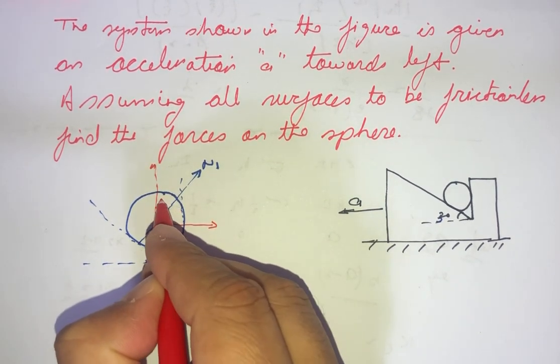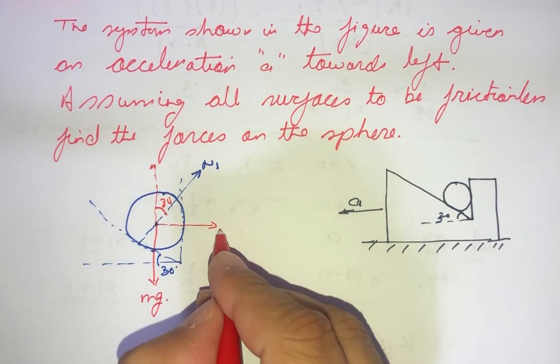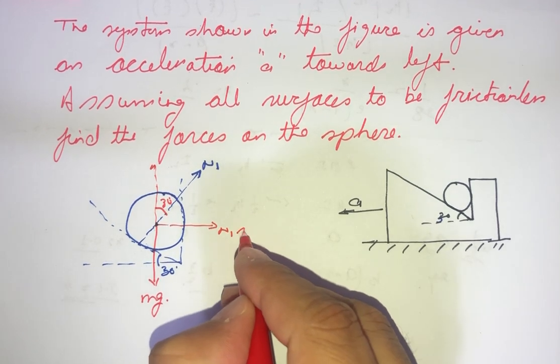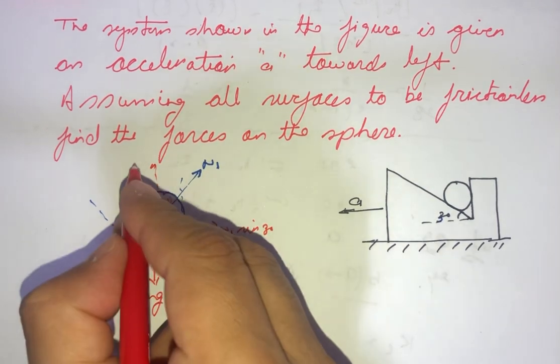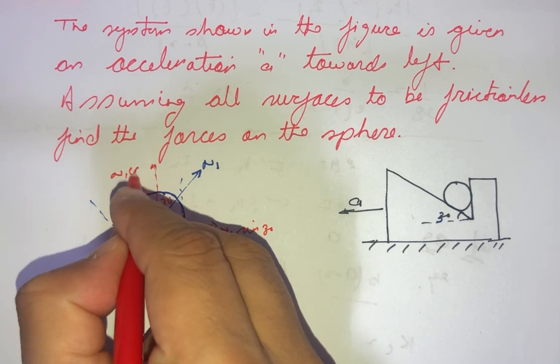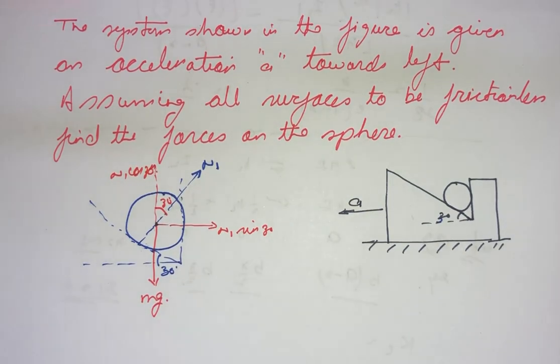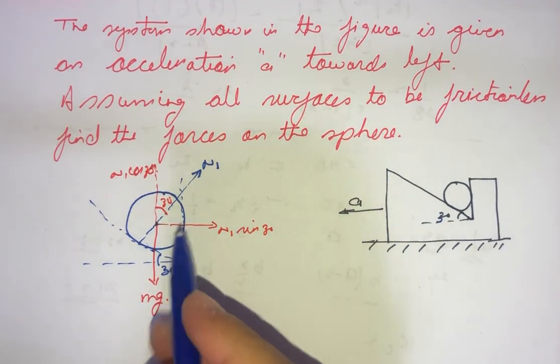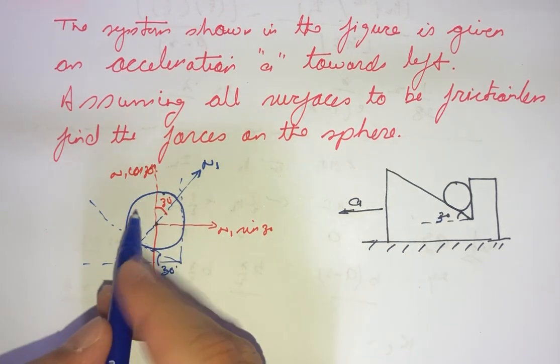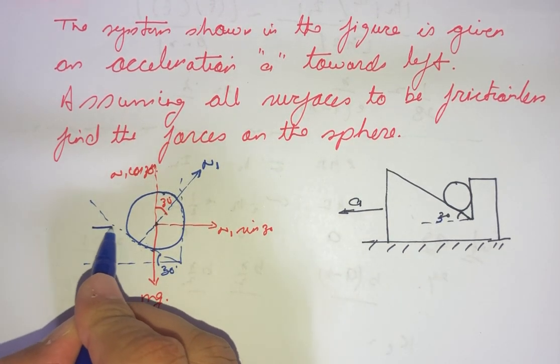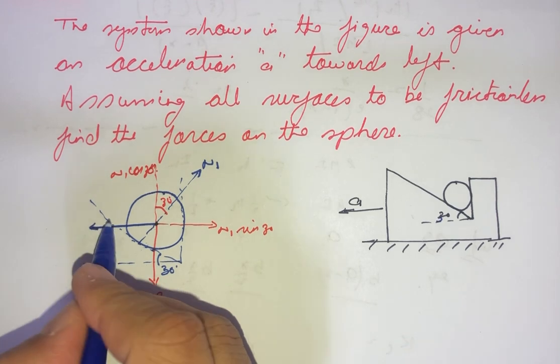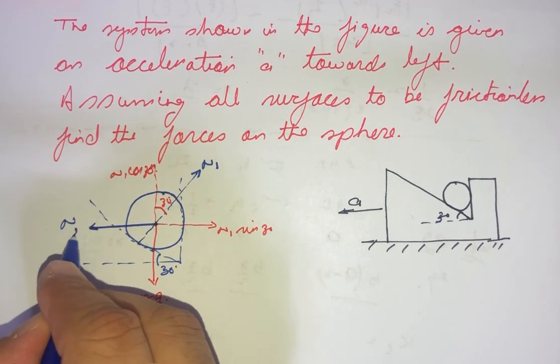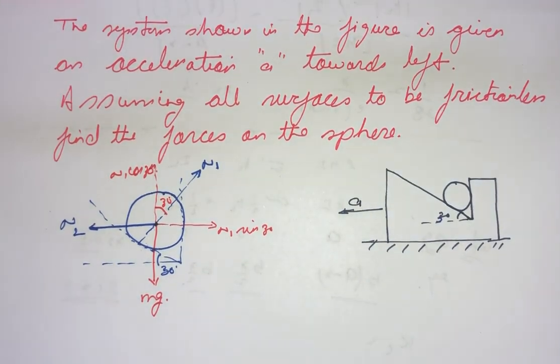This angle will be 30, so we are going to have N1 sin 30, and N1 cos 30, and there will be another normal because of this vertical wall, which will be acting in this direction. Let us call this N2. So these will be all the forces which will be acting on this sphere.